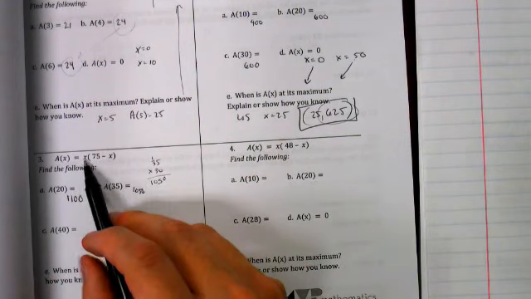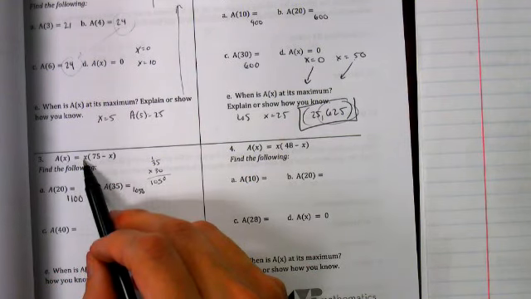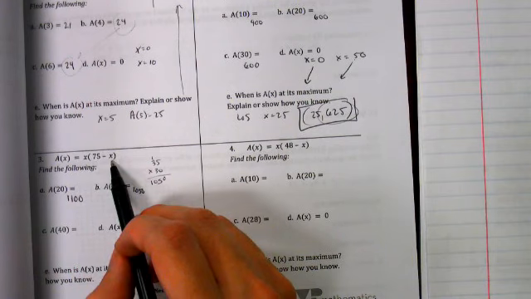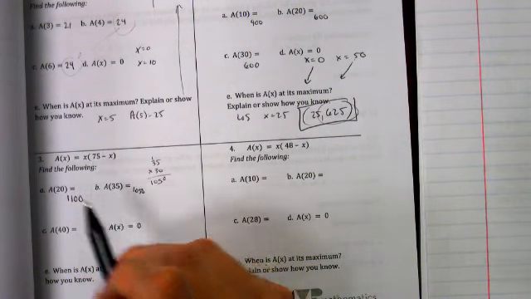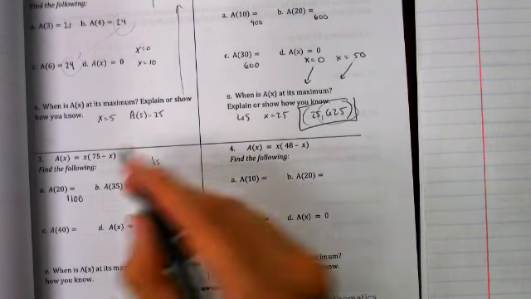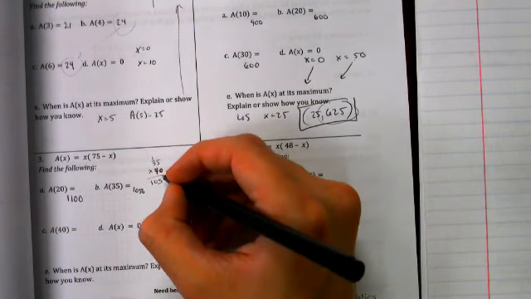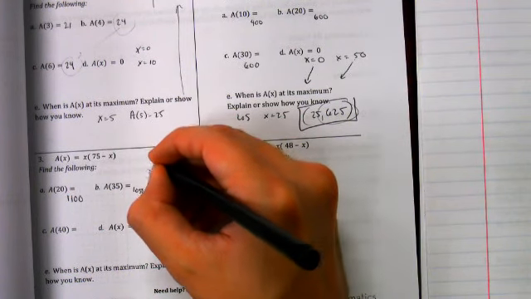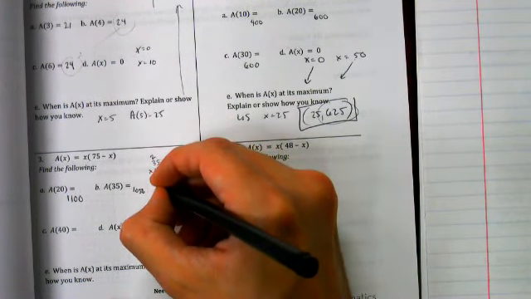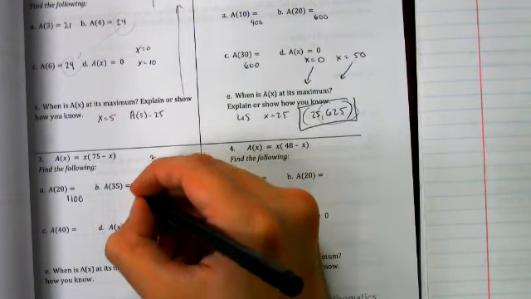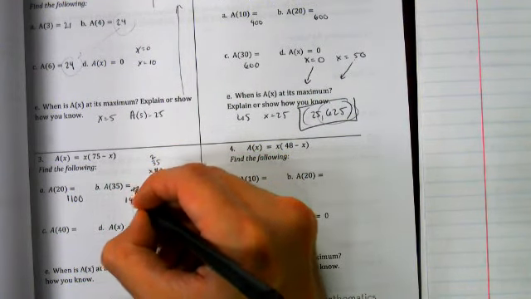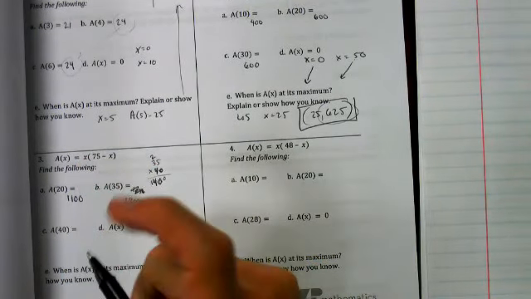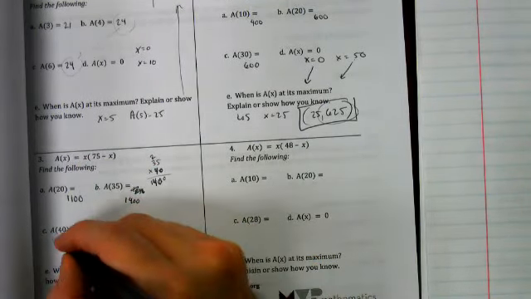If I plug in 40, I get 40 times 35. I messed it up. Okay, 4 times 5 is 20. Okay, so that's actually 1,400. If I plug in 40, I get 40 times 35, which is going to give me the same answer.